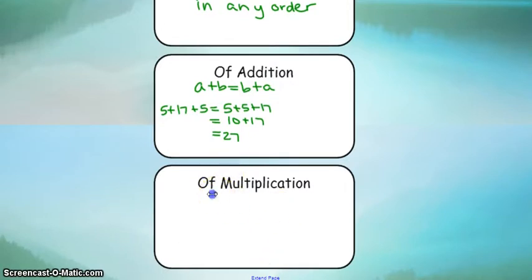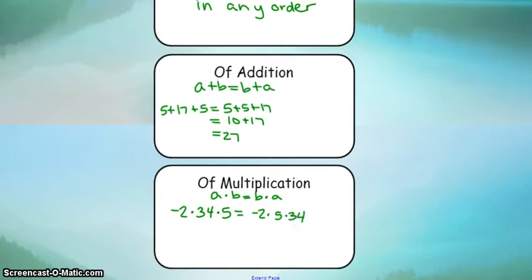Alright. There's also the commutative property of multiplication. That also says a times b equals b times a. Again here we have negative 2 times 34 times 5. Instead of multiplying negative 2 times 34, then whatever that is, times 5, it would be a lot easier if we could do negative 2 times 5, switching the 5 and 34 around.